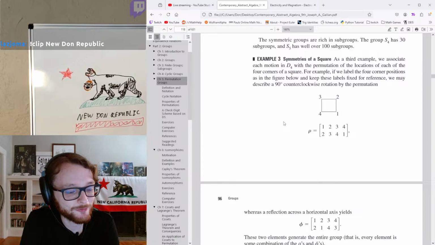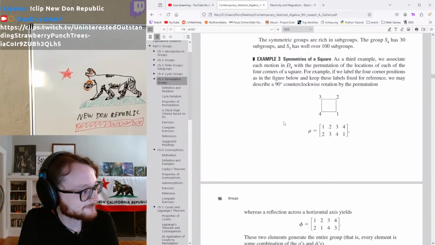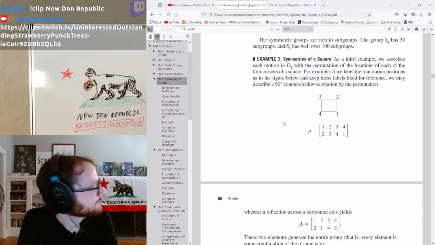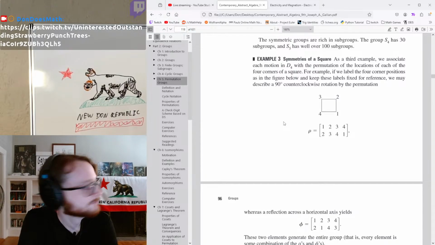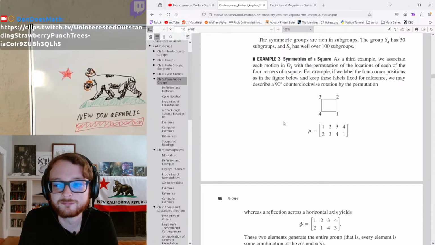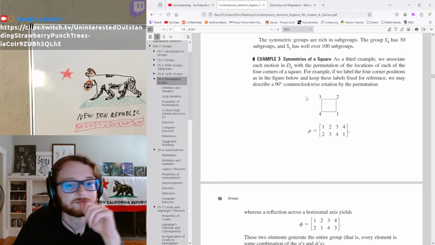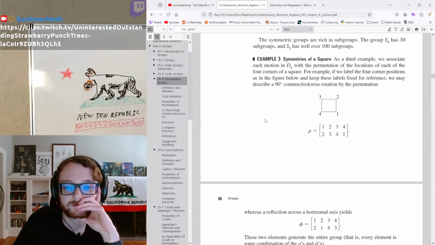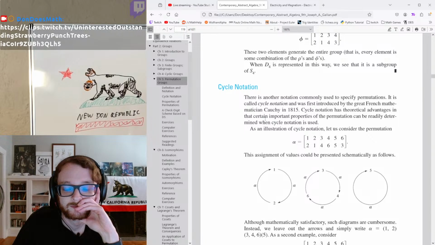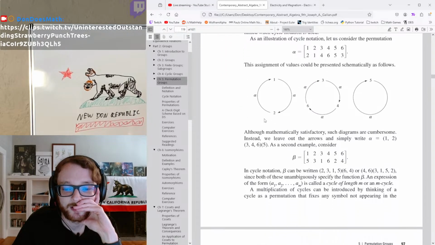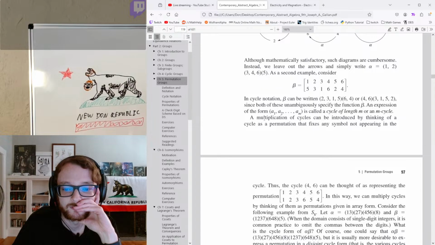Okay, yeah, I think it just throws out anything you put after the clip. All right, cycle notation.